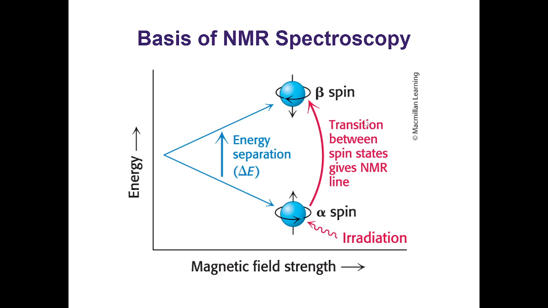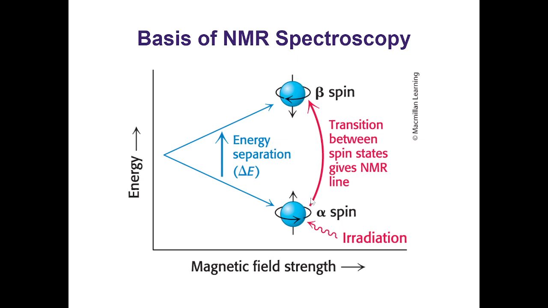And then what you're going to do is you'll irradiate them. The lower energy population will flip into the higher energy population. And that gap in energy corresponds to the energy of this irradiation. And so you get a transition between these spin states.